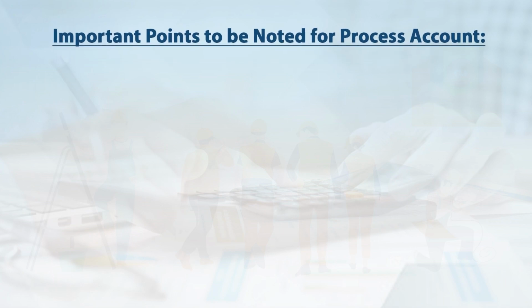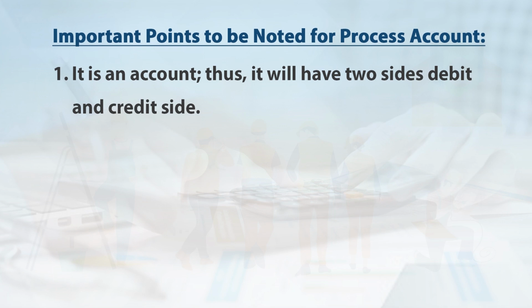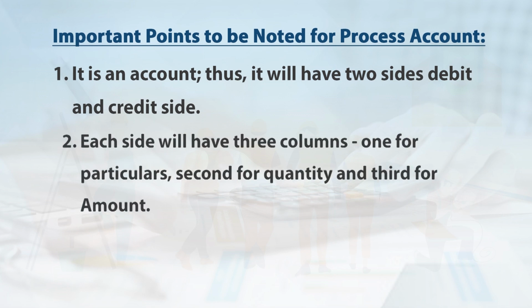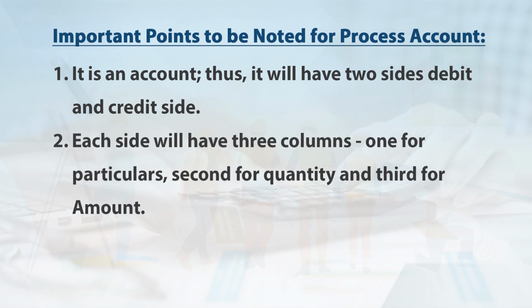Now, let us consider important points to be noted for process account. Let us understand these points. Number 1, it is an account. Thus, it will have two sides, debit and credit side. Number 2, each side will have 3 columns, one for particulars, second for quantity and third for amount.